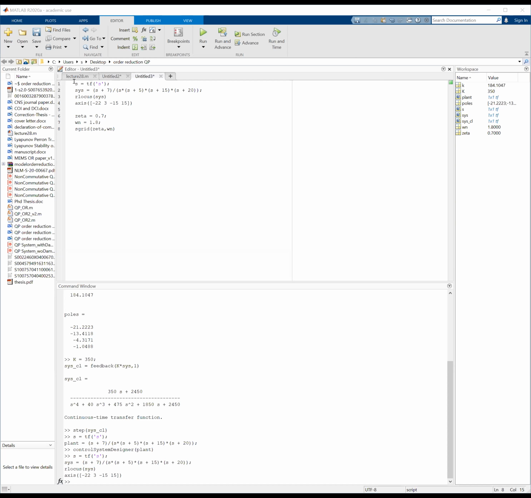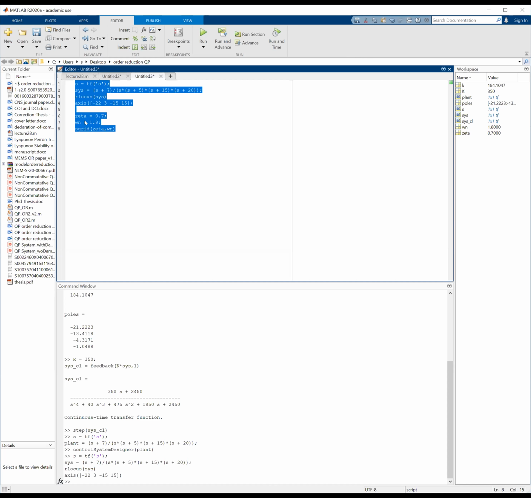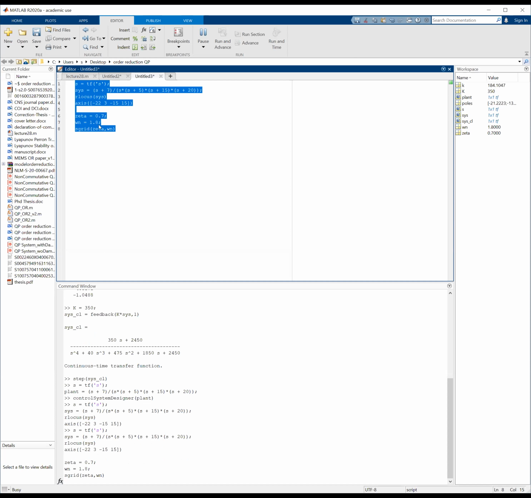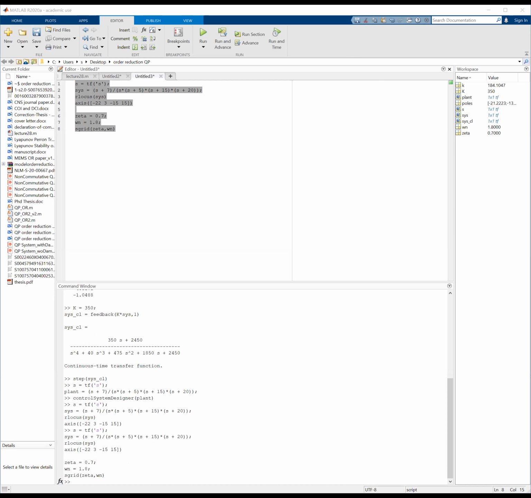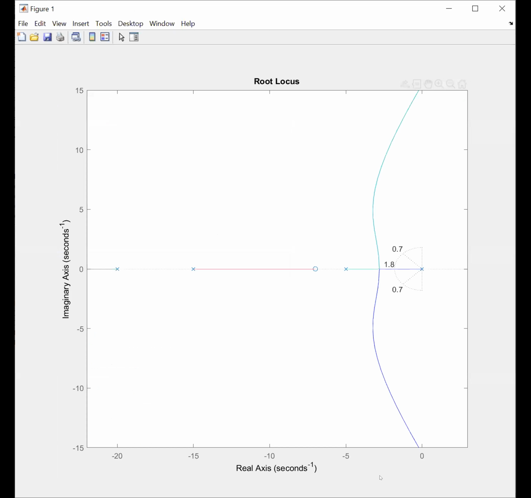So now I'm going to run the entire code again, and I will show you the plot that I got. Interestingly, you will see that I have a semicircle, and this semicircle indicates the frequency of 1.8.